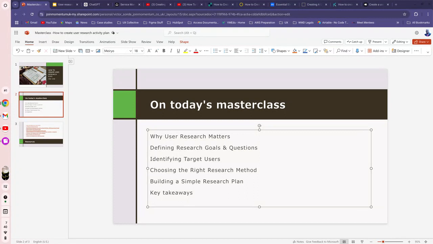Based on that, we used to create user personas, or customer personas, with the requirements of what users need.